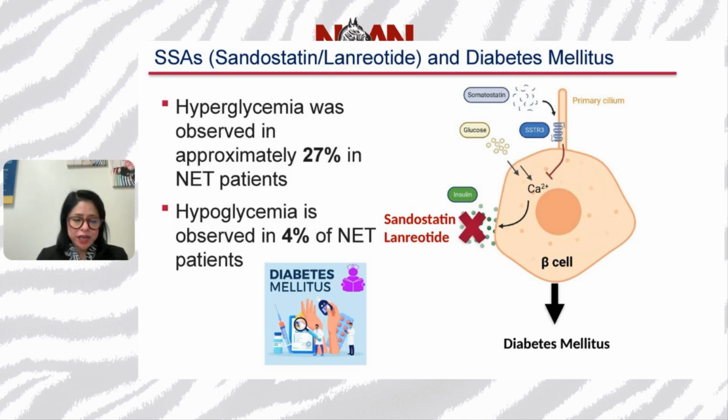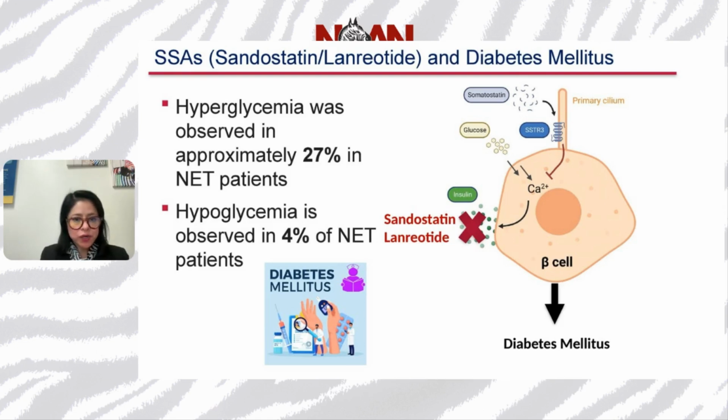But in rare cases, it can also cause hypoglycemia, so low blood glucose, in the sense that they may not do anything to the beta cells to inhibit the insulin secretion. To the contrary, you can see that this insulin secretion can be quite active and very rarely can cause hypoglycemia.